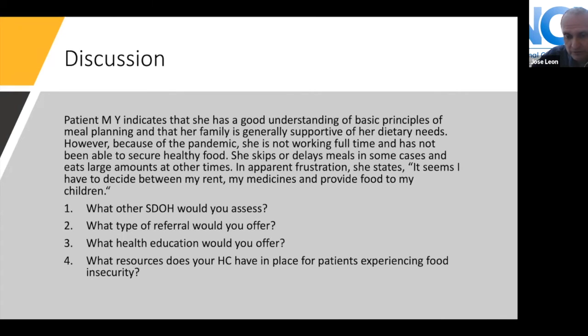Thank you so much for that, because it is extremely important, and this is one of the biggest concerns right now during the pandemic, that patients are unable to go to either the clinic or to supermarkets or places where they can have access to healthy food. So this is extremely important to consider when you are providing services to your patient.